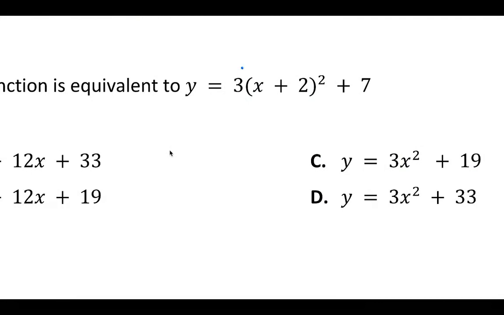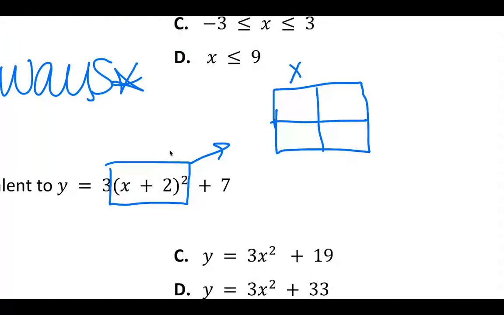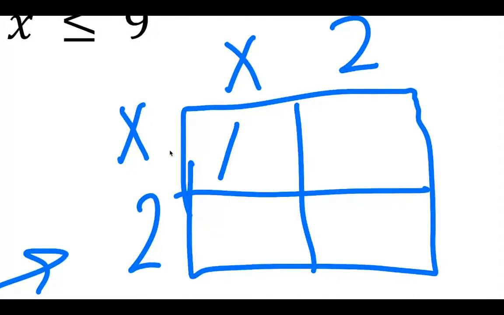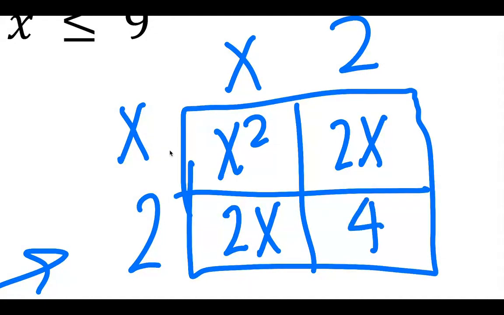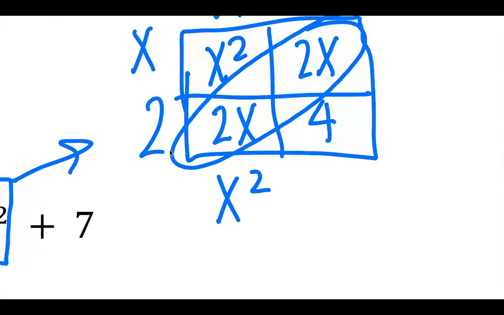So first off, I've got x plus 2. So I'm going to have x squared, 2x, and 4. So I'm going to combine like terms. I've got x squared plus 4x plus 4 when I do that.